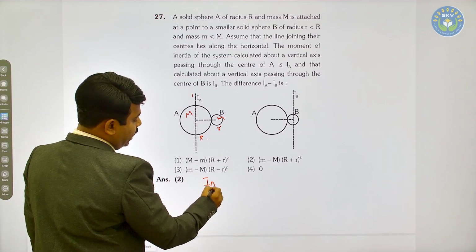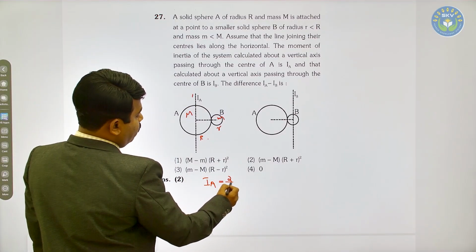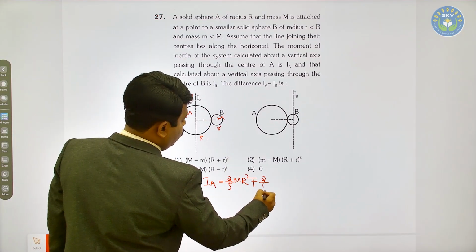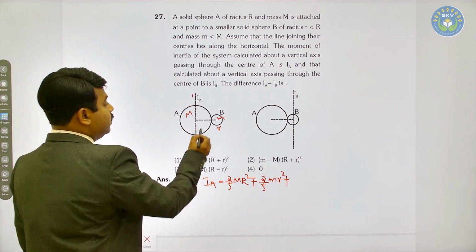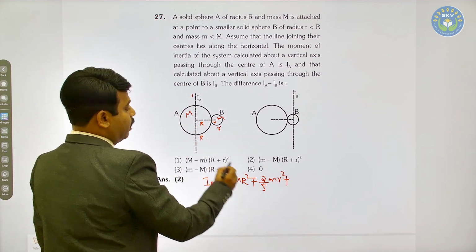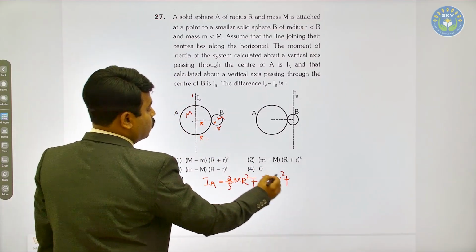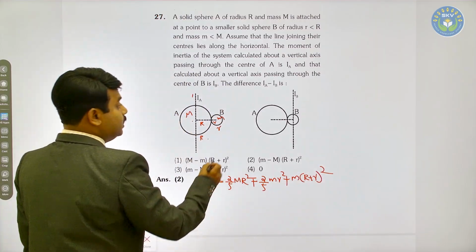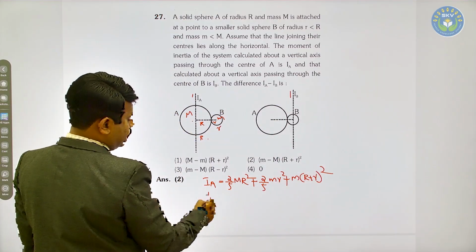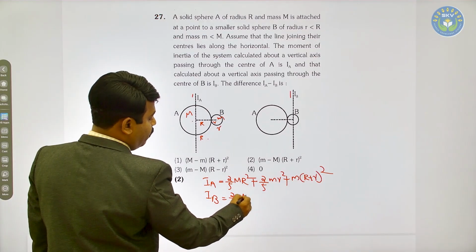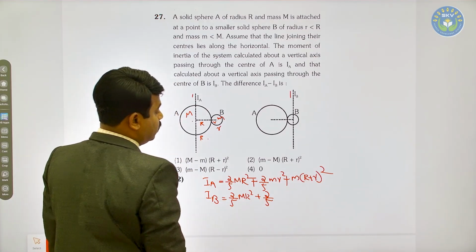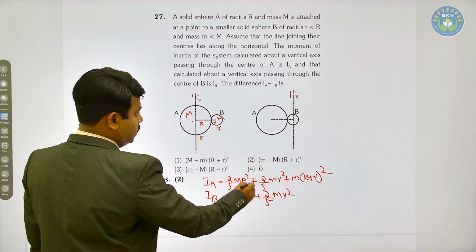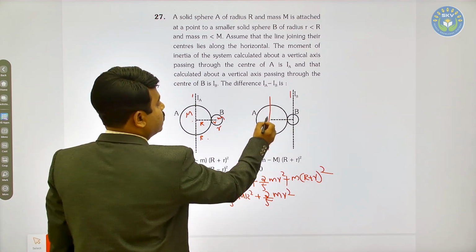Say I can write I is equal to 2 by 5 M R square, solid sphere only, plus its own moment of inertia 2 by 5 small m r square, and the distance, this is r and this is capital R. By parallel axis theorem, mass into this distance square, that is m into (R plus r) the whole square. Similarly, here about the small sphere axis, IB is equal to 2 by 5 m r square plus 2 by 5 capital M R square plus, but with this you have to add this parallel distance square, right?